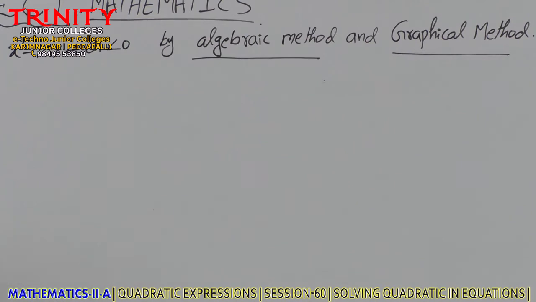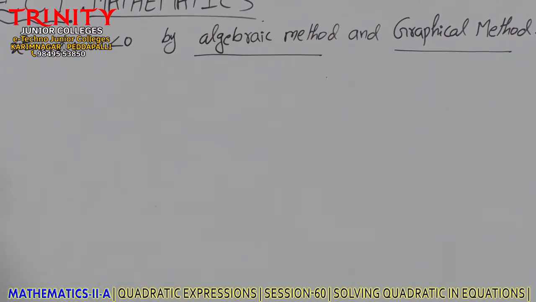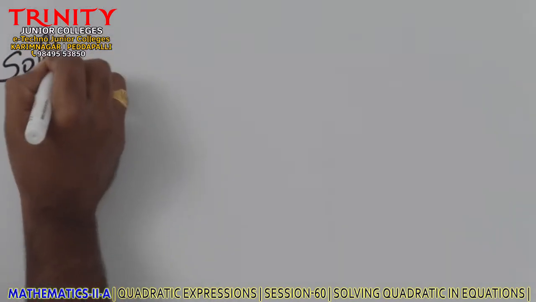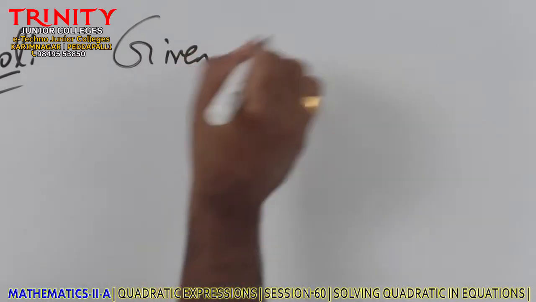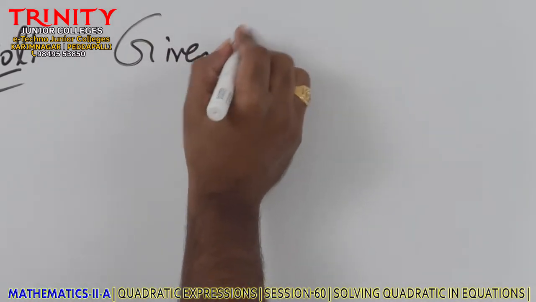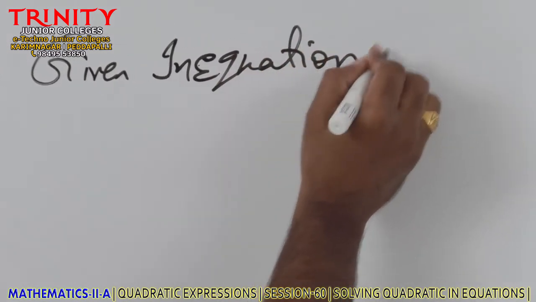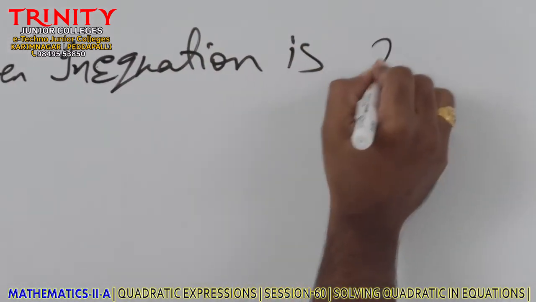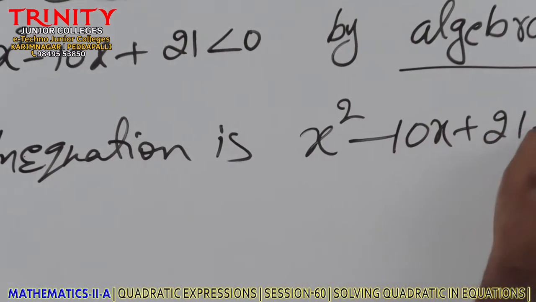Solution: the given inequation is x square minus 10x plus 21 is less than 0.